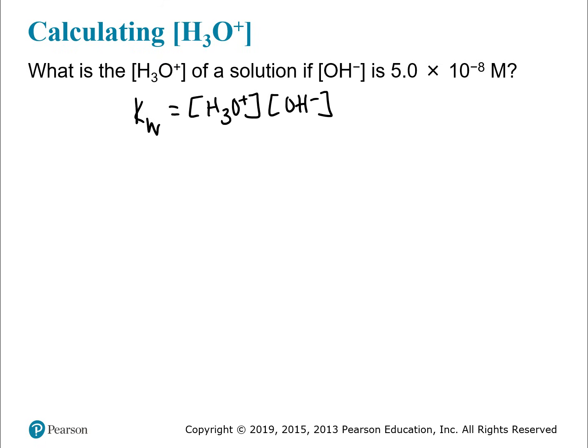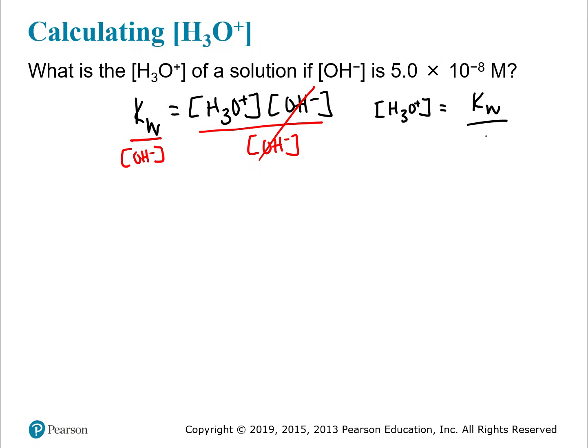What we're solving for is a hydronium concentration. We need to isolate that on one side. So now we have hydronium is equal to Kw over the hydroxide concentration.